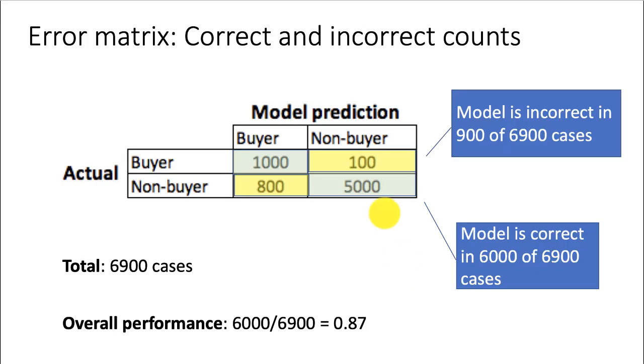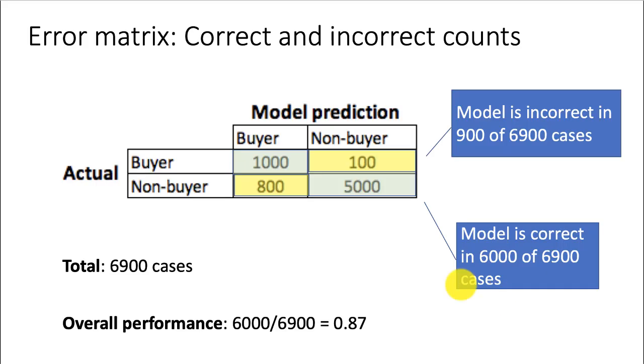Okay, but so we looked in this slide at the overall correctness and overall wrongness of the model, the error rate. But we can also look at category specific performance, right? After all, this is showing us that on the whole, the model is correct 87% of the time.